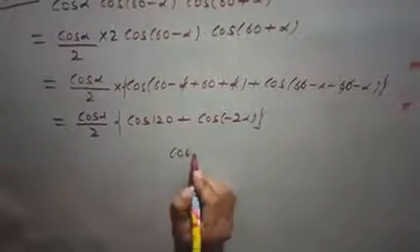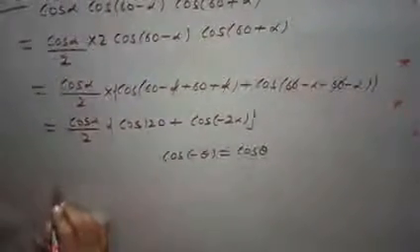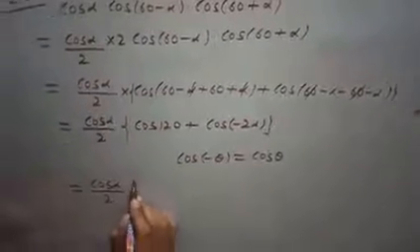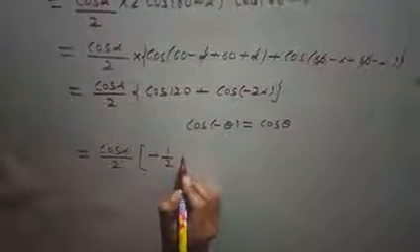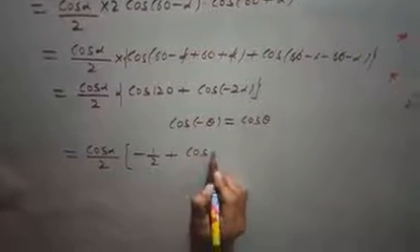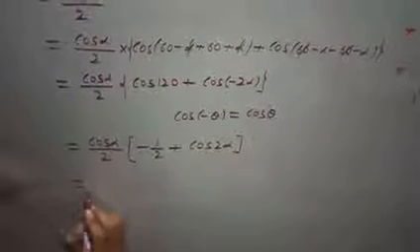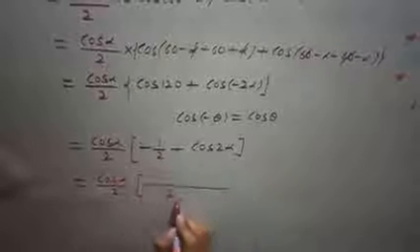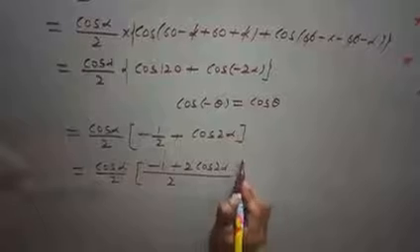But as we know, cos(minus theta) is cos theta, so here cos alpha by 2, and the value of cos 120 is minus 1 by 2 plus cos 2 alpha. So here cos alpha by 2, if we take LCM, so minus 1 plus 2 cos 2 alpha.